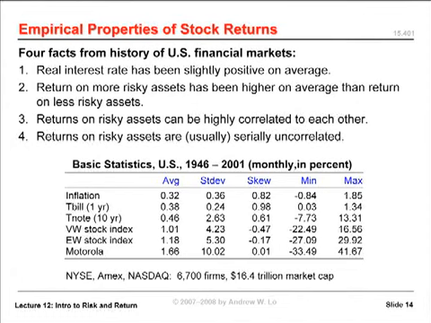So this is one of the reasons we got the idea in finance that there's a risk-reward trade-off. The more risky, the higher the expected rate of return. And if you look at Motorola, the riskiness of Motorola is much larger than that of any of the stock indexes. Instead of a 5% monthly standard deviation, you're looking at double, or 10% monthly standard deviation. But look at the rate of return. The rate of return is commensurately higher.